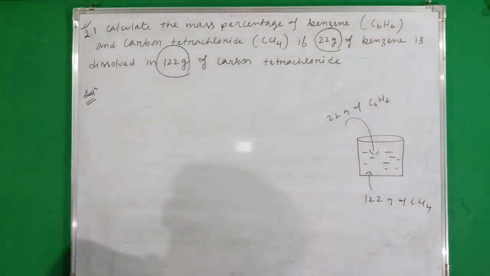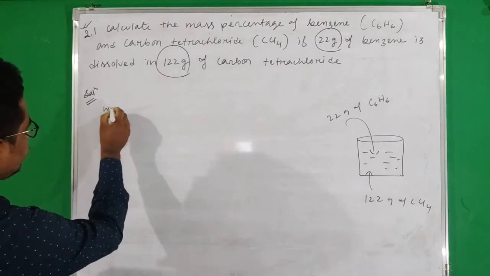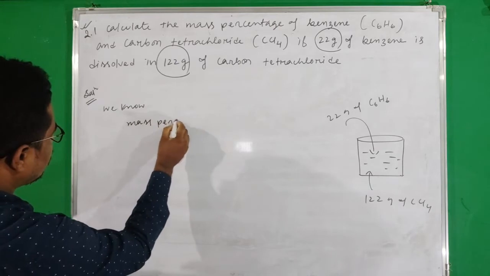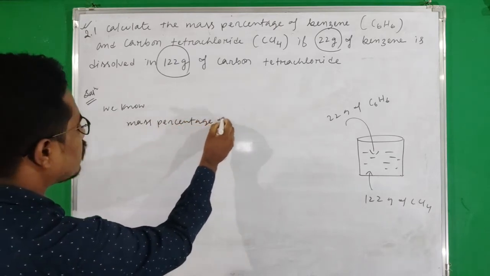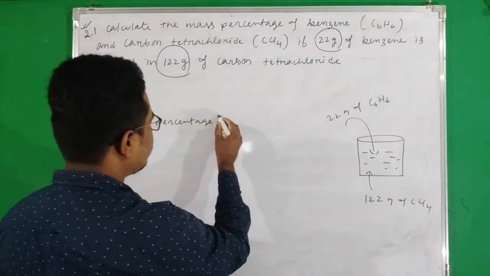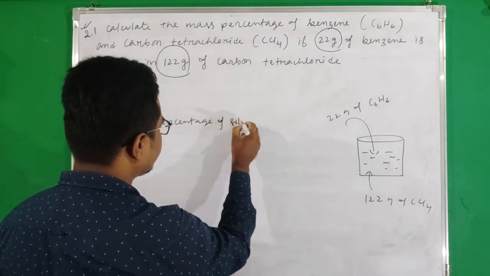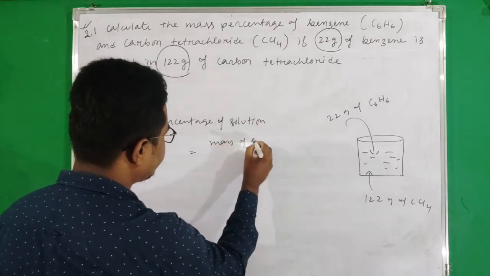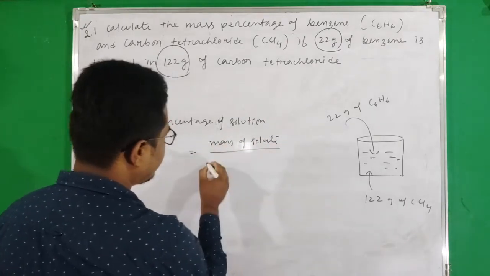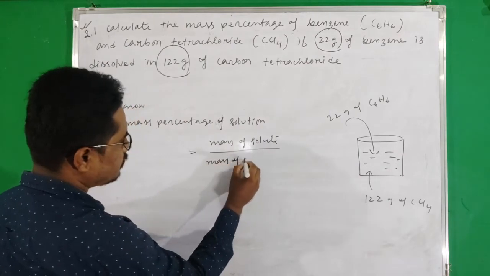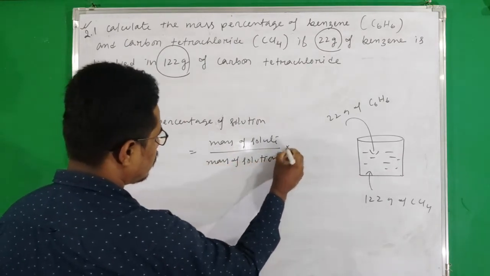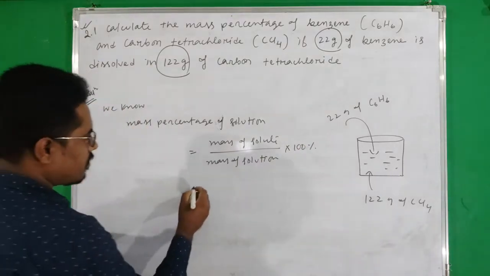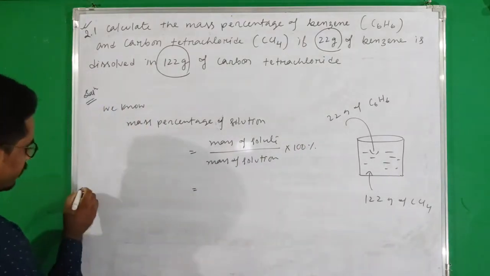We know mass percentage of solution equals mass of solute divided by mass of solution into 100%. In this case the solute is benzene.